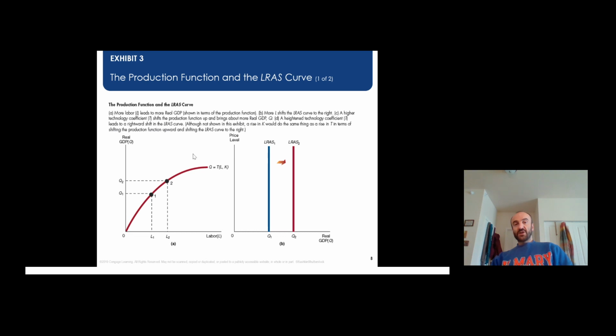So here is what happens when you move from one point to another point on the production function curve. Here that you increase real GDP, when you translate that into the aggregate supply curve, you see that this is a shift to the right, shift of the long run aggregate supply curve.